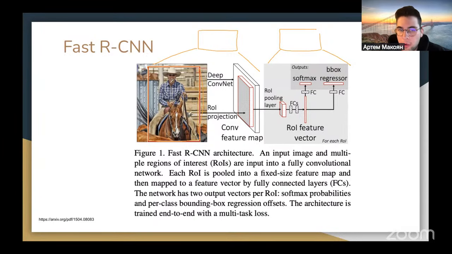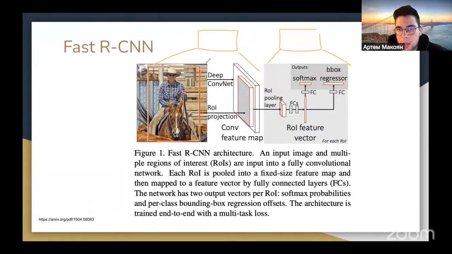So before, RCNN took each region, each bounding box, and put it as input first to the feature extractor and then to the classification head.